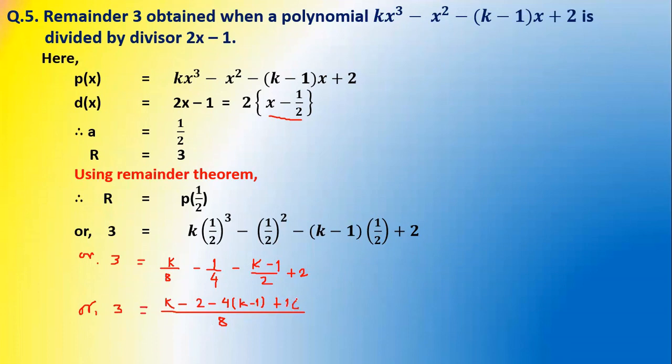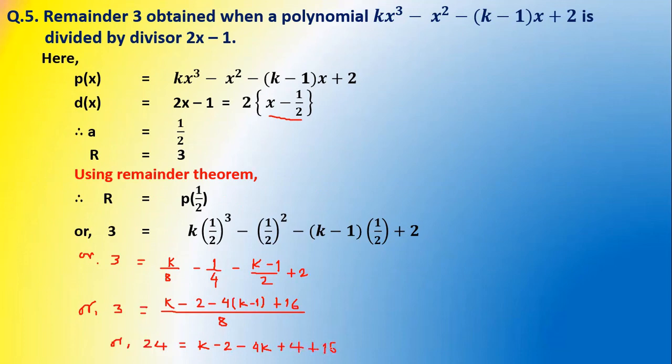Now calculating further, when we cross multiply, 3 eights are 24 would be there on the LHS, taking the denominator of the RHS to the LHS by cross multiplication. When we simplify the right hand side numerator, then k minus 2 minus 4k, and minus minus would be plus, 4 ones are 4, plus 16 would be there.